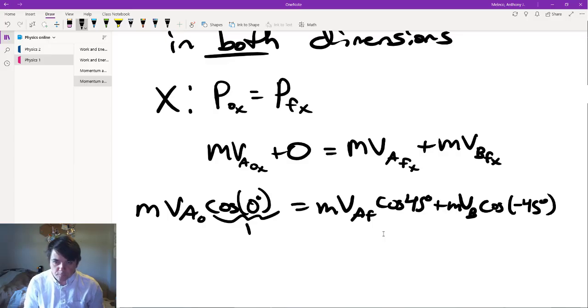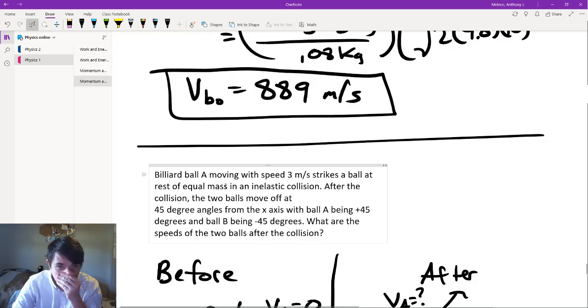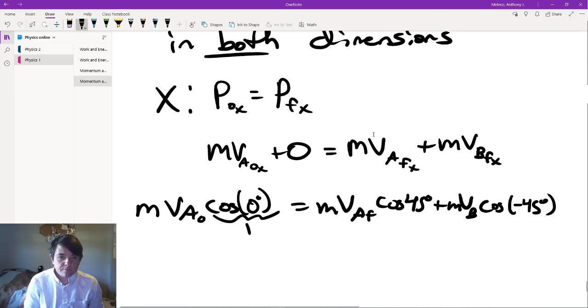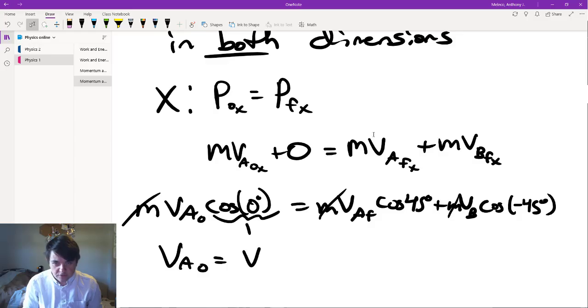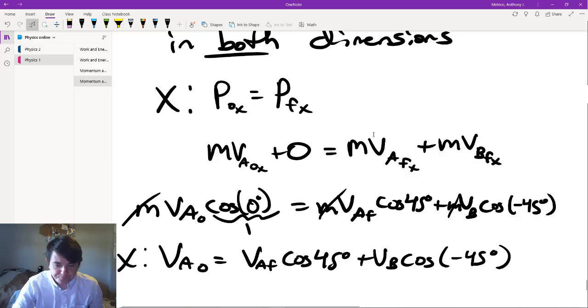And so that gives us our directions there. Now, the masses. I haven't been using subscripts because they're all of equal mass. And because they're of equal mass, we can just cancel these guys. So we have VAO equals VAF cosine of 45 degrees plus VBF cosine of minus 45 degrees. And that's our x equation.